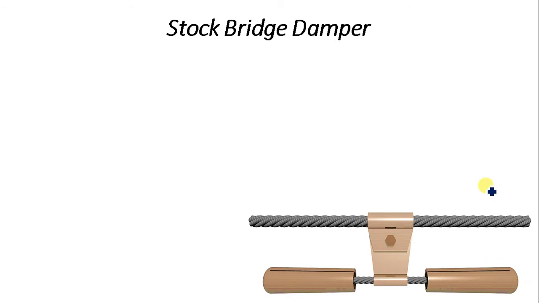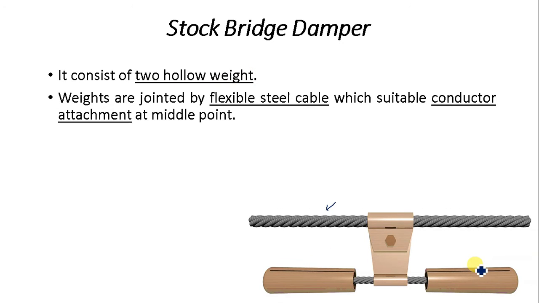Here you can see the snapshot of the Stockbridge damper. The conductor is passed through this clamp. This clamp is associated with another wire, and we also have two hollow weights. So it consists of two hollow weights, made of galvanized iron.